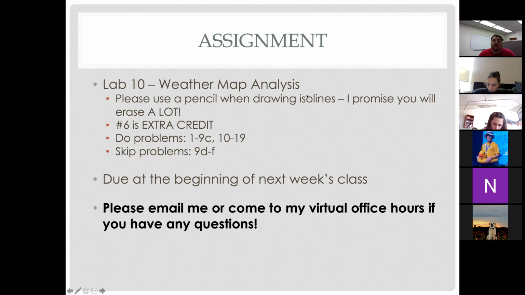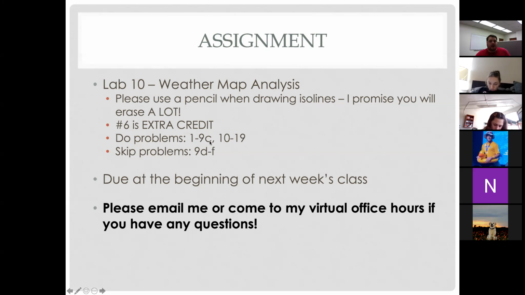For those of you that do the digital version, you're able to erase your work anyway. So just be prepared to erase the isolines as you trace them through to find the different lines of constant temperature.